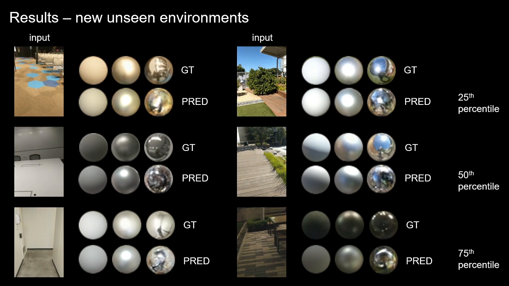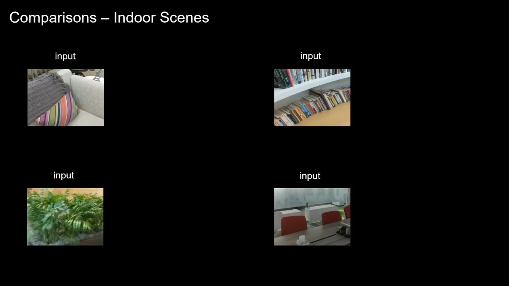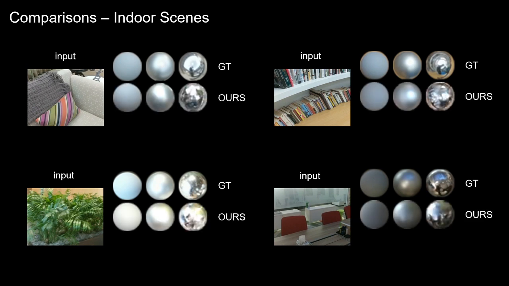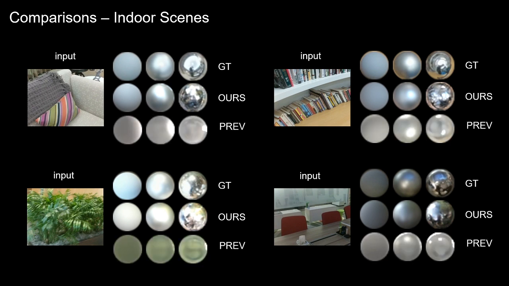Now we can also look at some comparisons with the previous state-of-the-art techniques. Let's start by looking at some indoor scenes. Here are the input images, and then here again are the ground truth images, and these are followed by renderings produced using our lighting inference, and those using the previous state-of-the-art technique, which is Gardner et al.